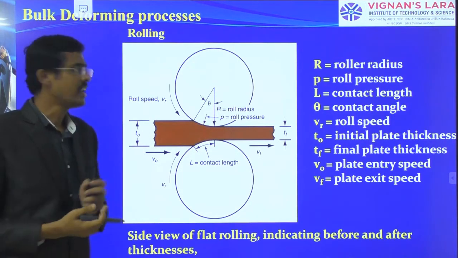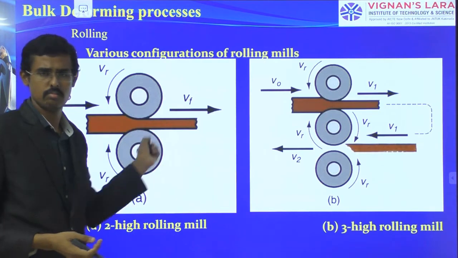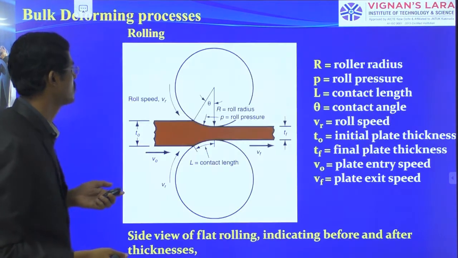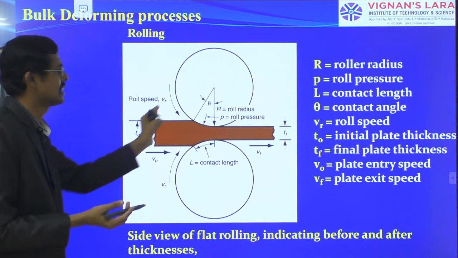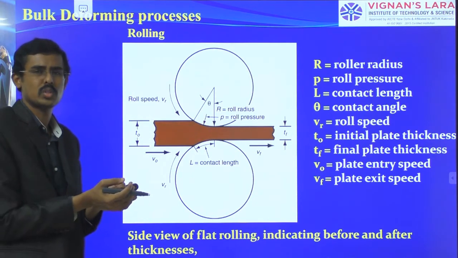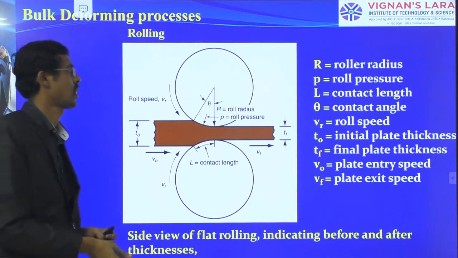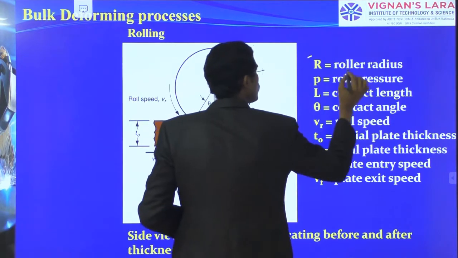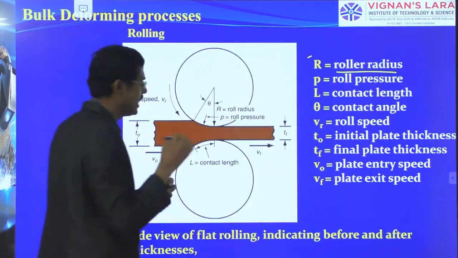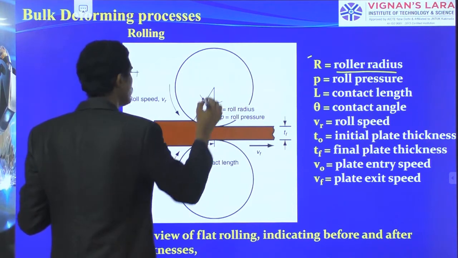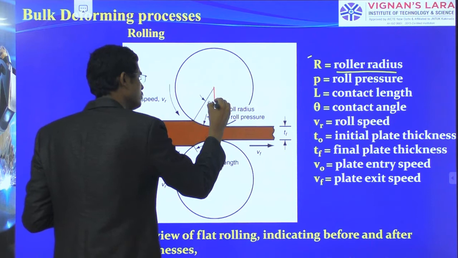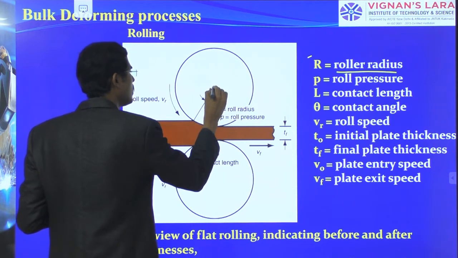Before going to the various types of rolling process, we should know a few things about the nomenclature of this setup. We have a roller radius here, taken from the center.